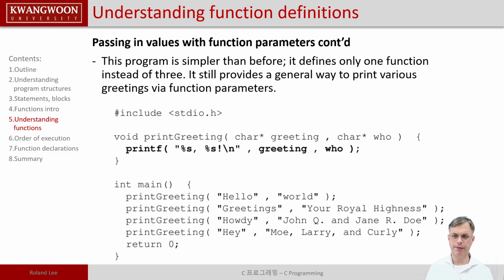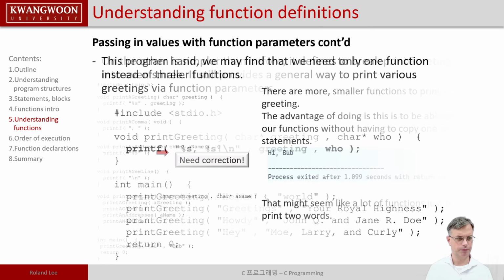Now this program is simpler than before. It defines only one function instead of 3, yet it still provides a general way to print various greetings via function parameters. Once you saved it, you can compile it, you can run it.